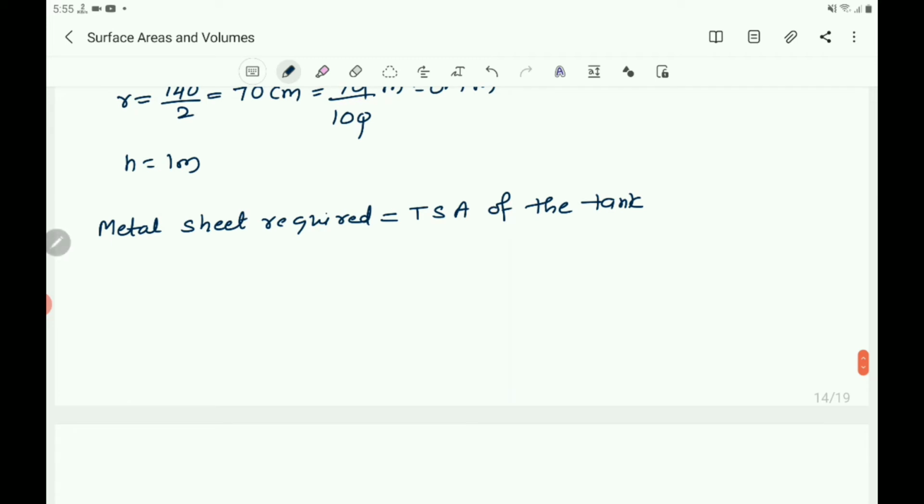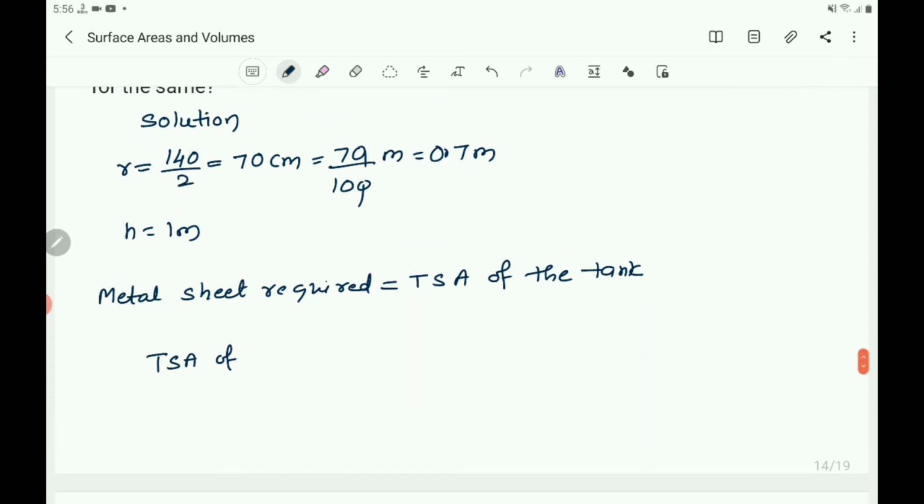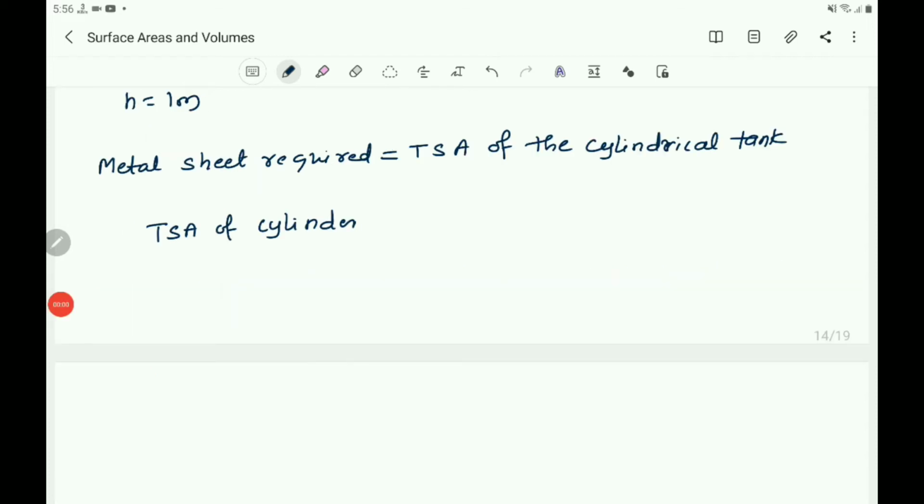Then what is the formula to find the total surface area? TSA of the cylindrical tank. So this TSA of cylinder equals what? 2 pi r into h plus r, or r plus h.